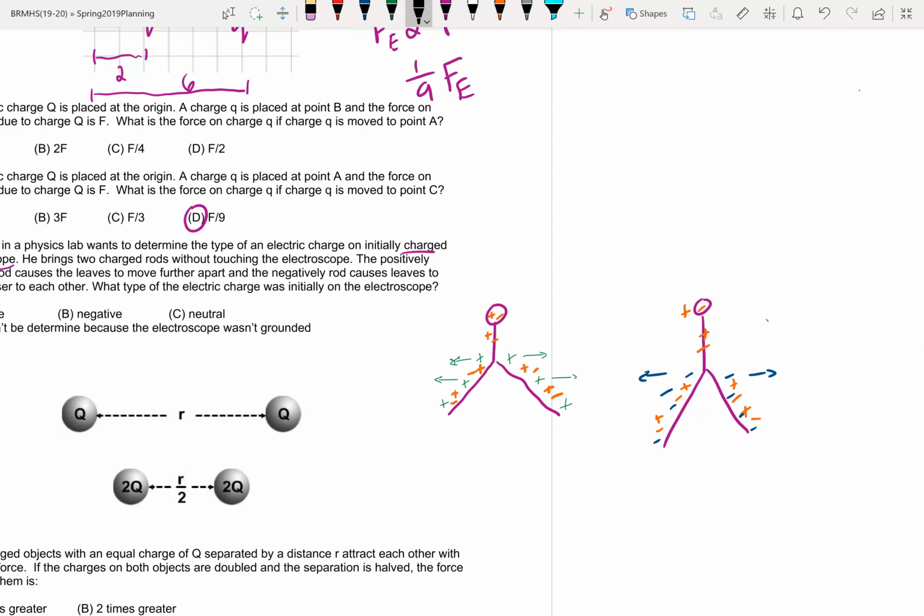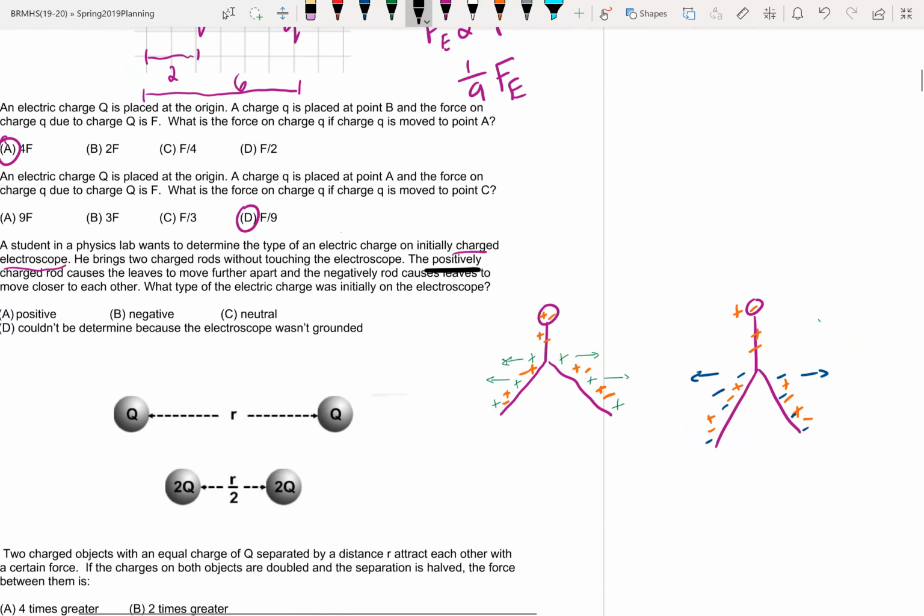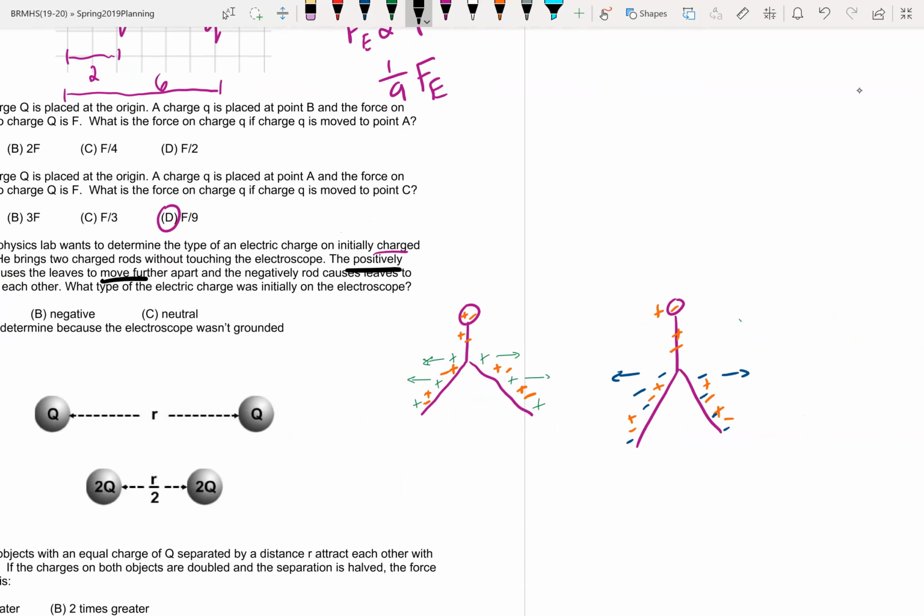So the first rod's brought close, and that's a positively charged rod, and it causes the leaves to move further apart. So let's see, this one has a net negative charge. This one on my left has a net positive charge.